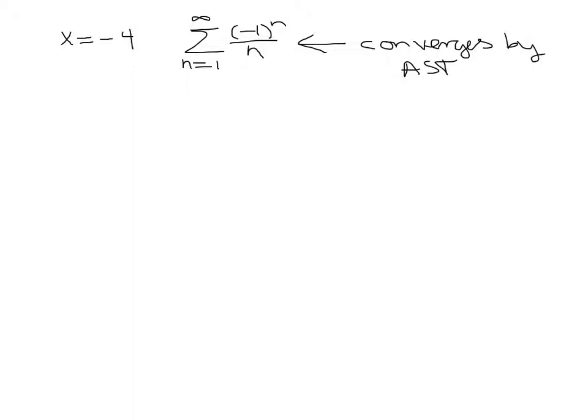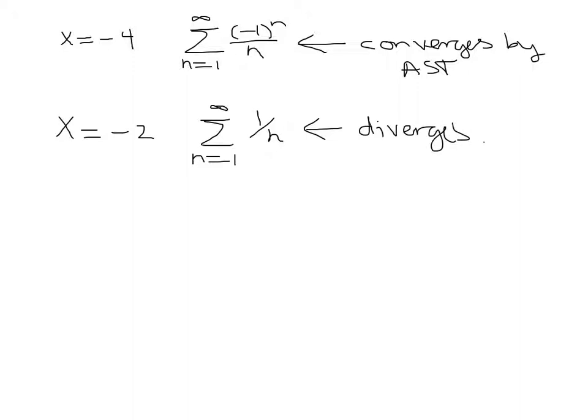We proved that in a previous lesson, so I'm not going to go through the details again. If x is equal to negative 2, your series becomes the sum from n equals 1 to infinity of 1 over n, which you know diverges because it is the harmonic series. We proved divergence earlier.